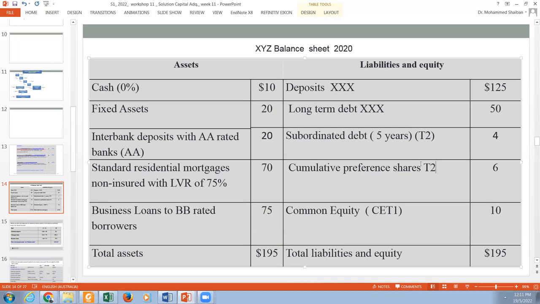If you don't pay this year, you pay next year. But if it is non-cumulative, as it is here, please be careful in the exam or in the test, whether it's cumulative or non-cumulative. If it is non-cumulative, then it will become tier 1.